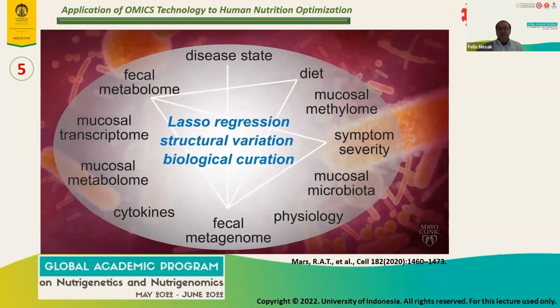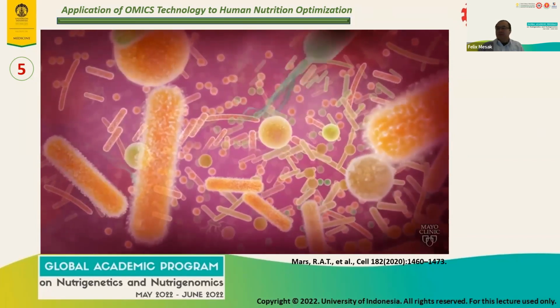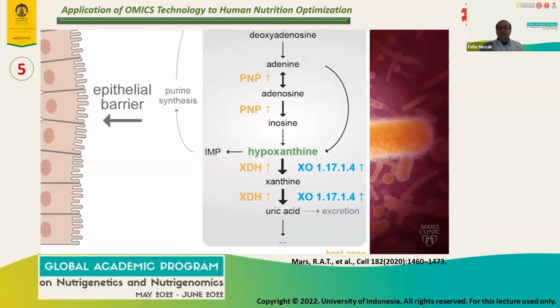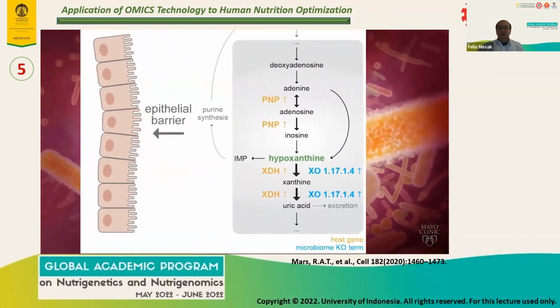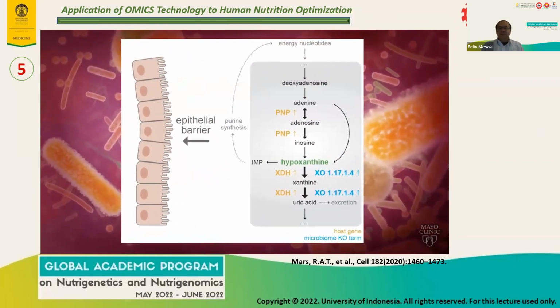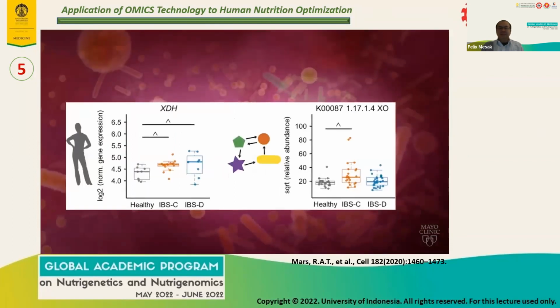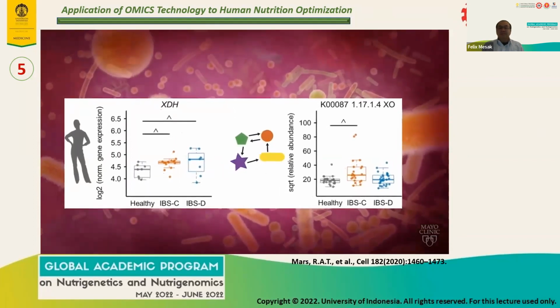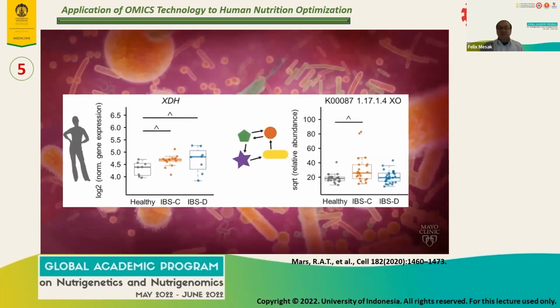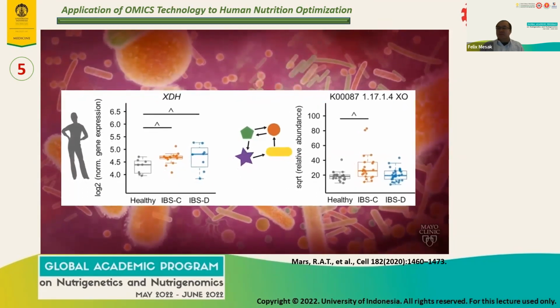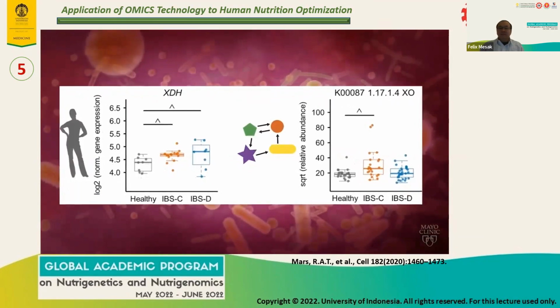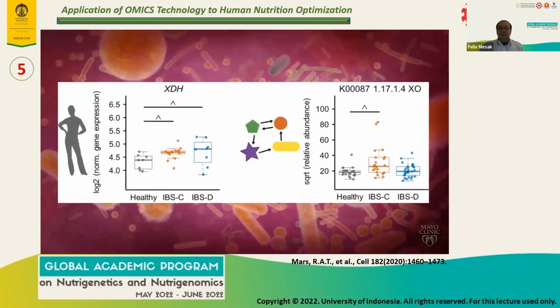By doing this, we discovered a new pathway that is important in IBS. This involves the metabolite hypoxanthine, which is important to keep the intestinal barrier healthy. We found that altered hypoxanthine metabolism involves both the host and the gut bacteria, which highlights the importance of these type of comprehensive studies in humans.